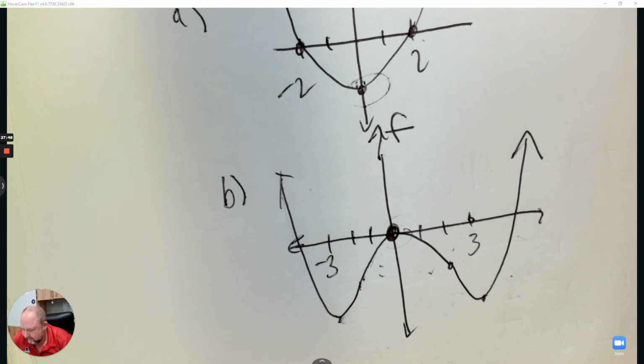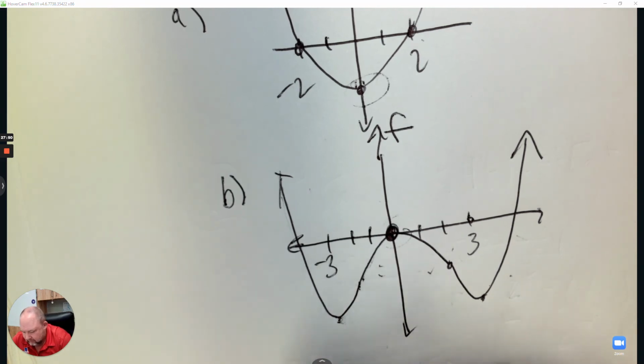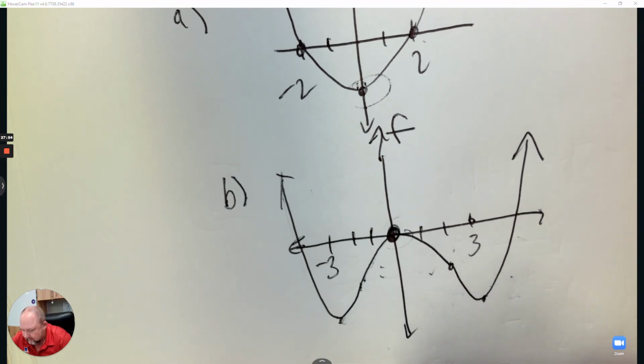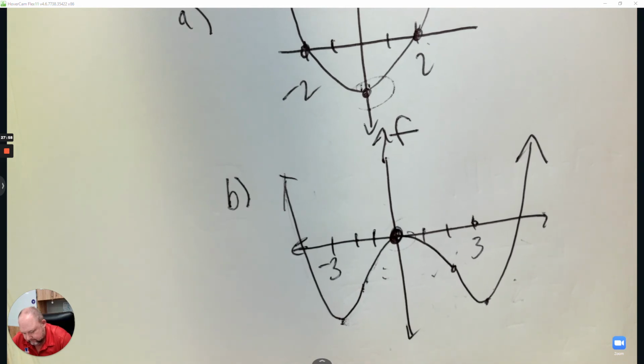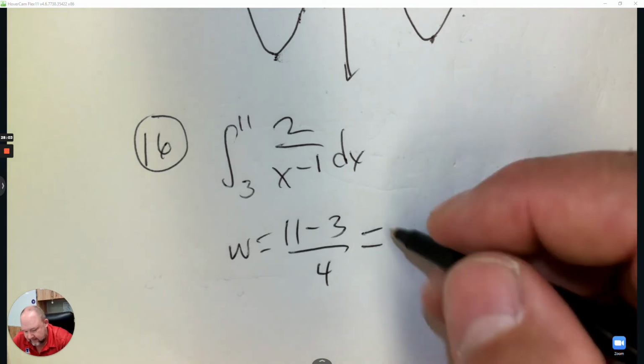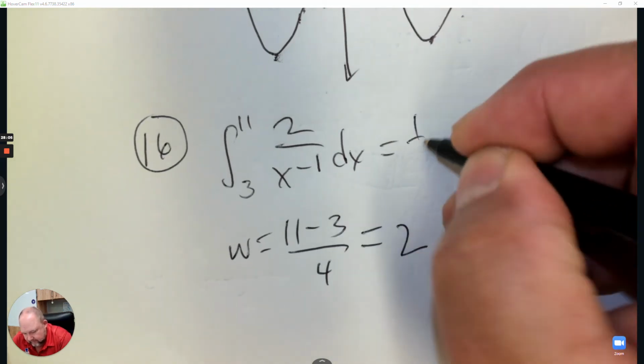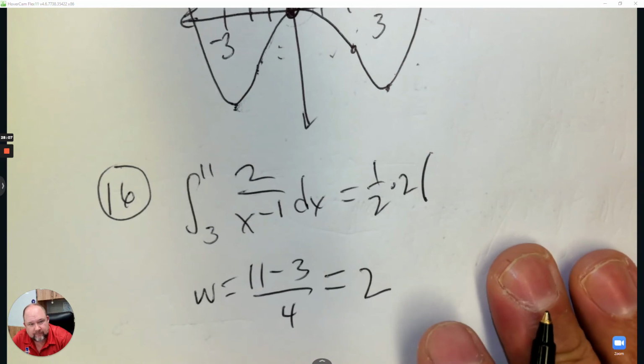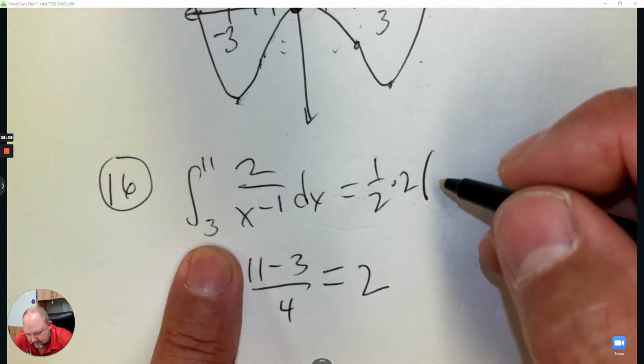Number 16. Use the trapezoidal rule with 4 equal subdivisions. So I want to find the width. That's 8 divided by 4. So that's the trapezoidal rule. And then I'm going to plug in 3.